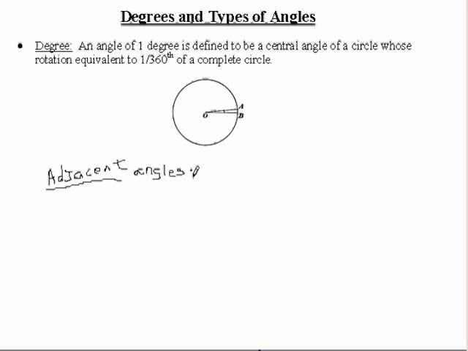Now, what are adjacent angles? Well, what does that underlined word adjacent mean? You'll hear things like two adjacent buildings, or two students even who are adjacent. What does that mean?